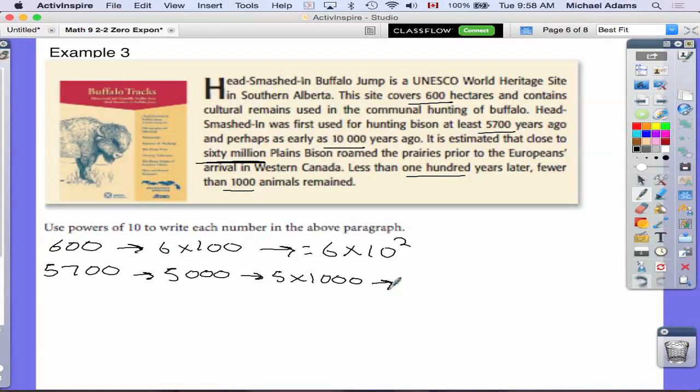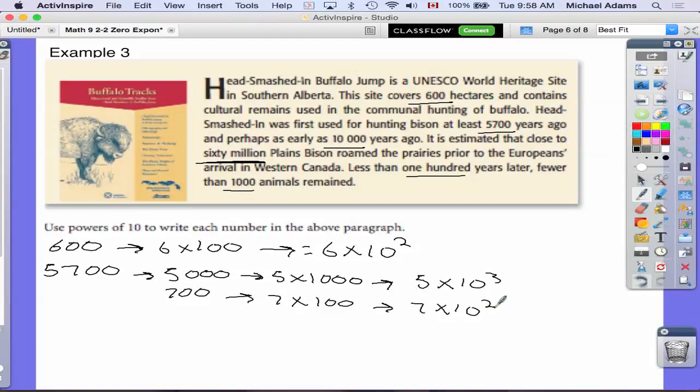How else could I write this number? Right, 5 times 10 to the exponent 3. So that part is done. And then what's the other number that we have there? 700. I could write 700 as 7 times 100, which I could write as 7 times 10 to the exponent 2.